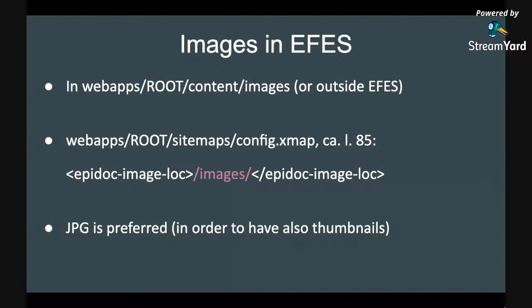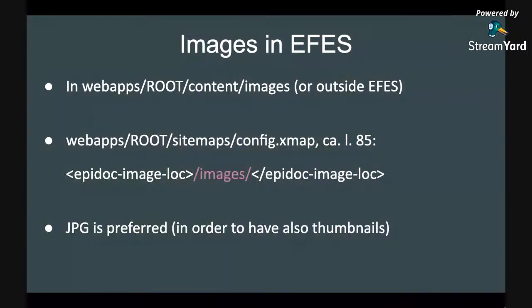And as for the format of the images, JPEG is preferred in EFES, because EFES already provides some handling of the thumbnails for JPEG images. So if you're using PNG or other formats, you won't have a default handling and generation of thumbnails for your photos, but otherwise all the display of the images will be fine.